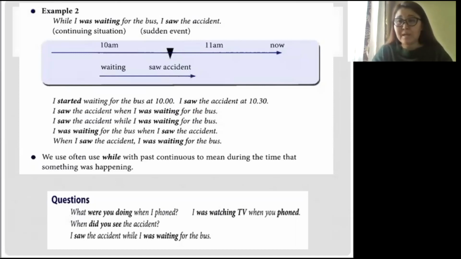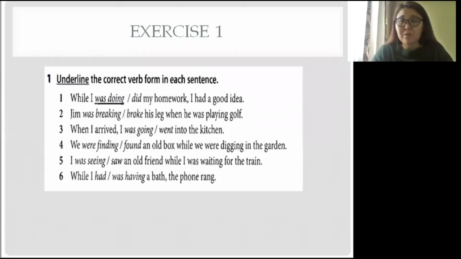Now we'll do some exercises for consolidation. In the first exercise, you should underline the correct verb form in each sentence. So you should just underline, present continuous or past simple.